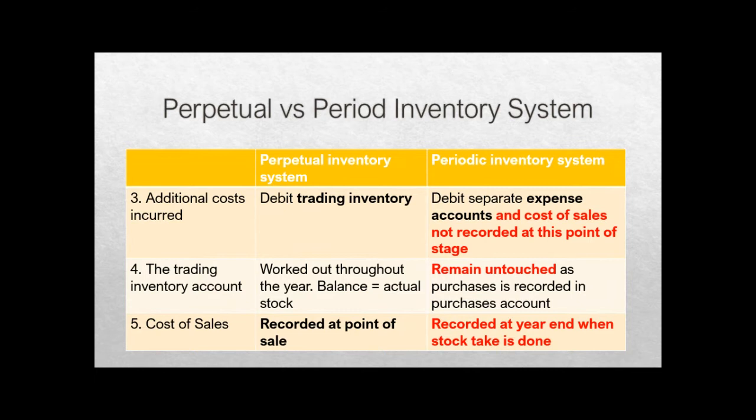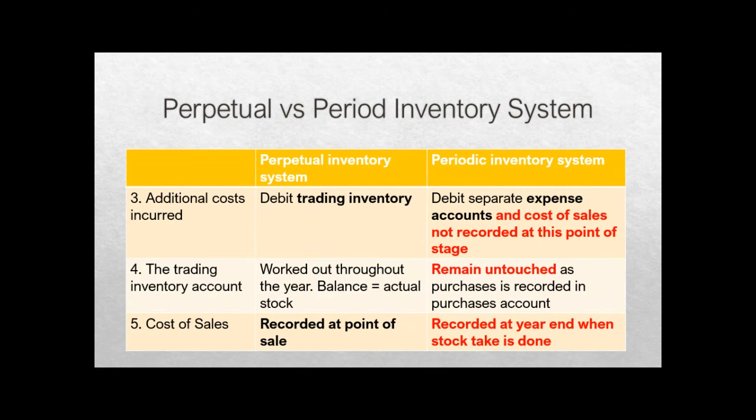So we work out the balance every time we add a transaction on there. So you do not have to work it out again. The balance is normally up to date. Whereas under the periodic inventory system, it remains untouched until we get to year end. We do the stock take and then we update it and work out the cost of sales at that same time as well.